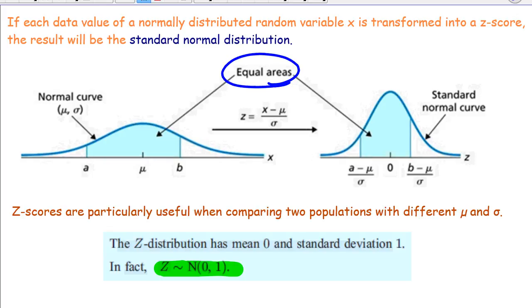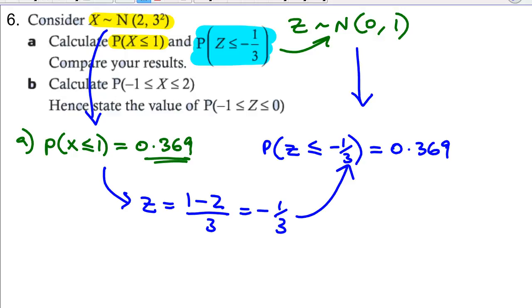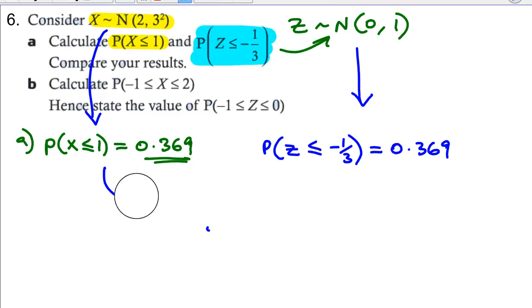Because if I transform 1 to a z-score, z will be equal to 1 minus the mean, which is 2, divided by standard deviation, which is 3, which is negative a third. And that's basically what you have there. So once you've transformed, when you find probabilities using the two distributions, the area under the curve remains the same. Very important. Anyway, I'll carry on to the next question.